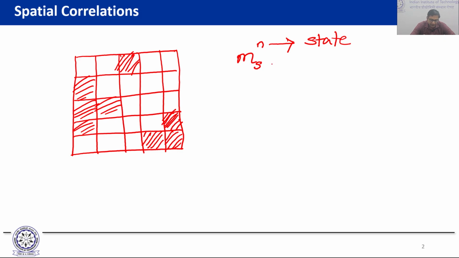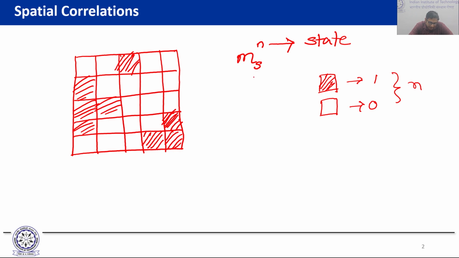So for instance, if we are going to denote this type of filled cells by the number 1, and the empty cell by the number 0, then n can take values either 1 or 0.